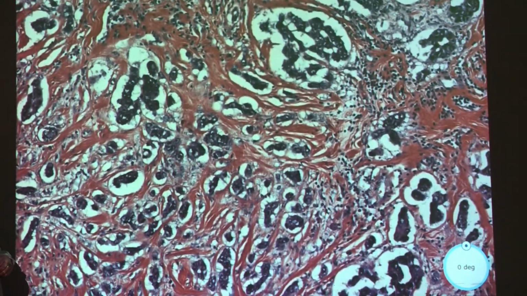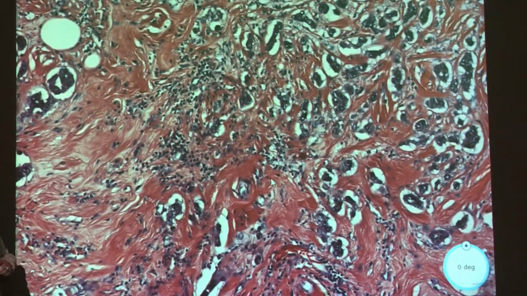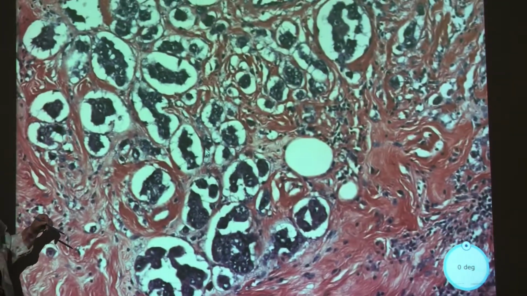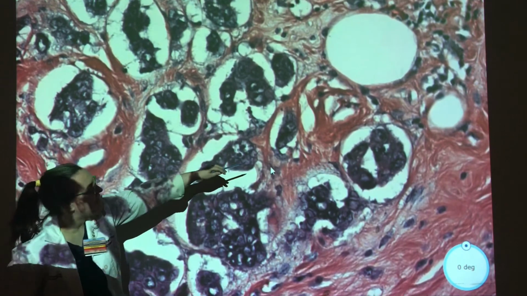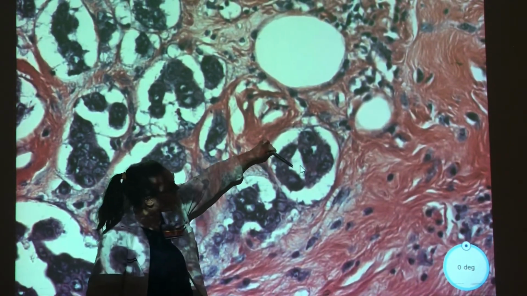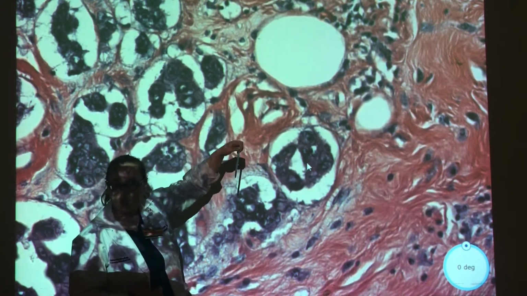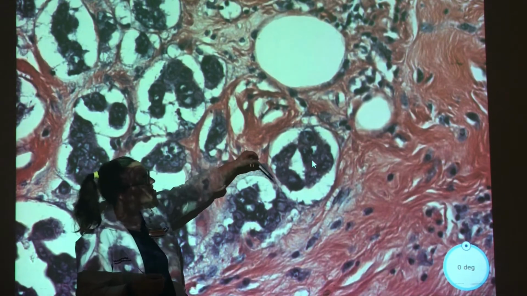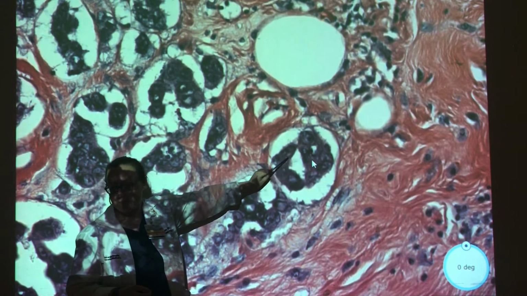Something else that I think is kind of hard to tell on this one is when there is an area of central lumina. This might be okay-ish. So when you have central lumina, the apex or the apical surface of the cells, where it's secreting, tends to point towards the stroma instead of towards the lumen that's inside.